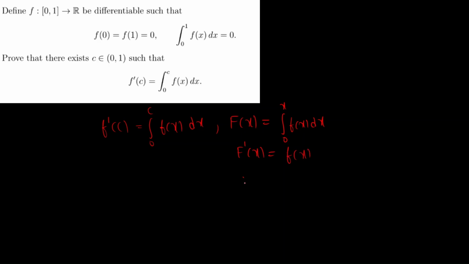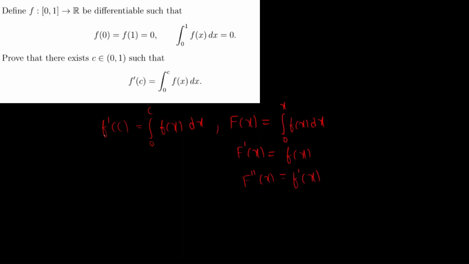Let's analyze the result. It says f dash of c is equal to integral 0 to c f of x dx. Now let me do one thing. I will define capital F of x is equal to integral 0 to x f of x dx, which means that capital F dash of x is equal to small f of x, and the double derivative of capital F of x is equal to small f dash of x.